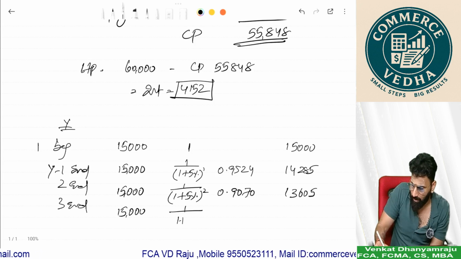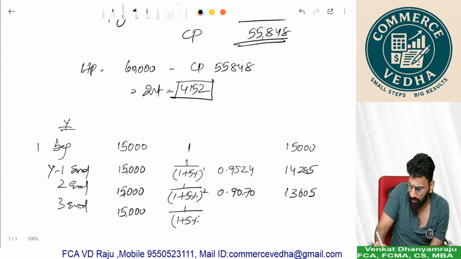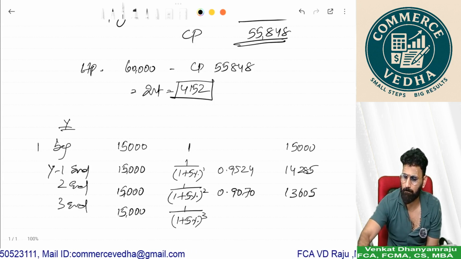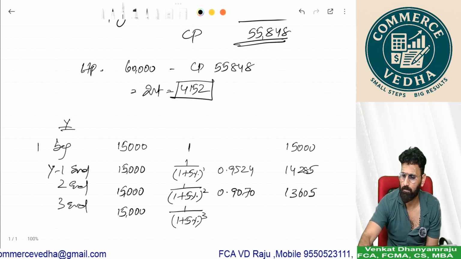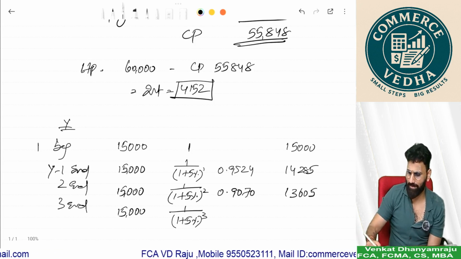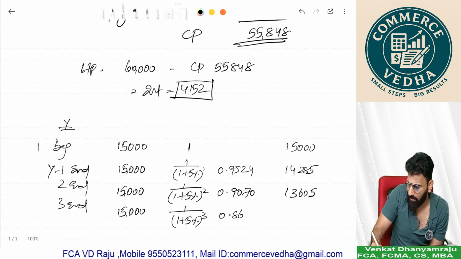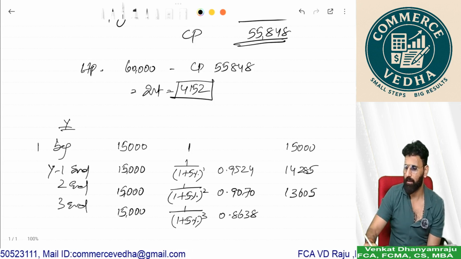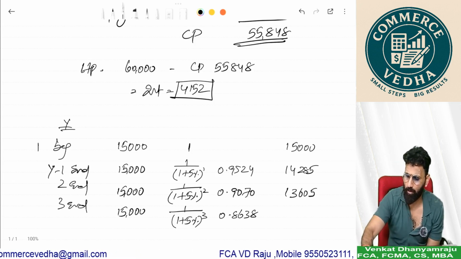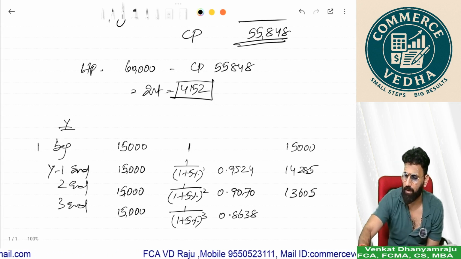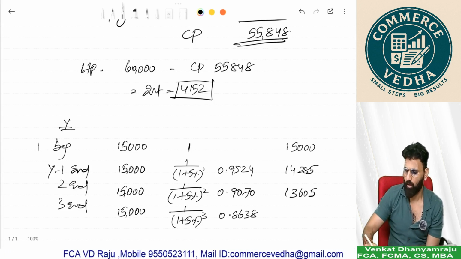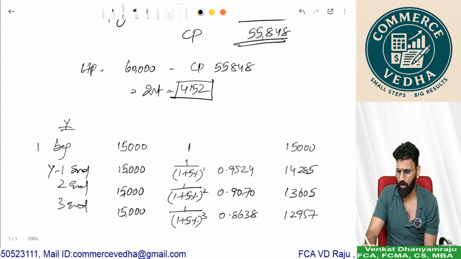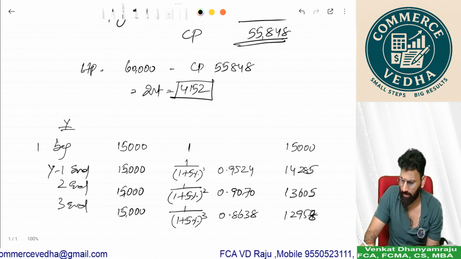Third year again I paid 15,000. 1 by 1 plus 5% to the power of 3 is 0.8638, into 15,000, which is 12,957, or 12,958 I'll take.